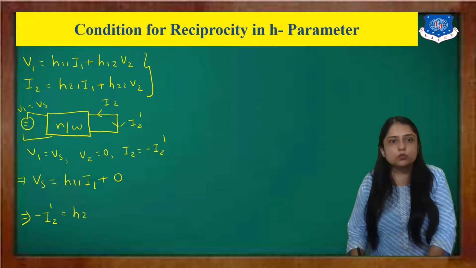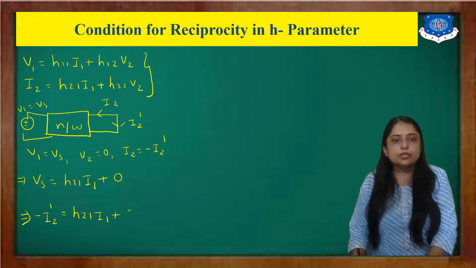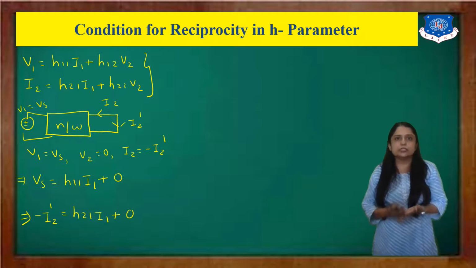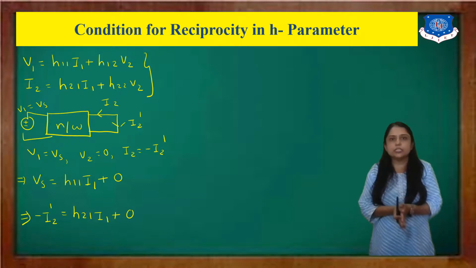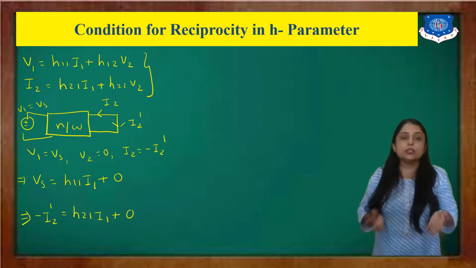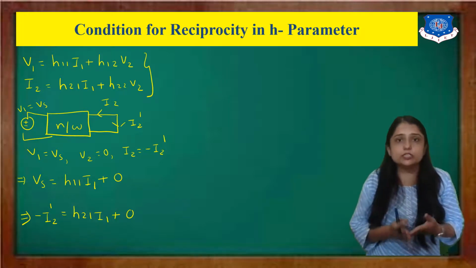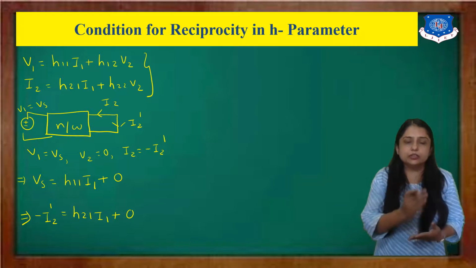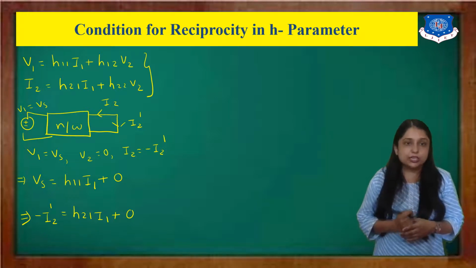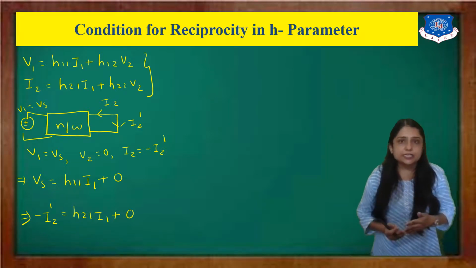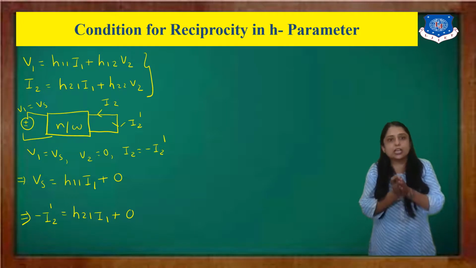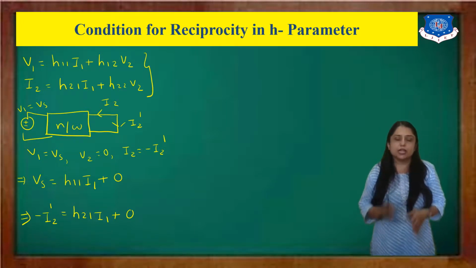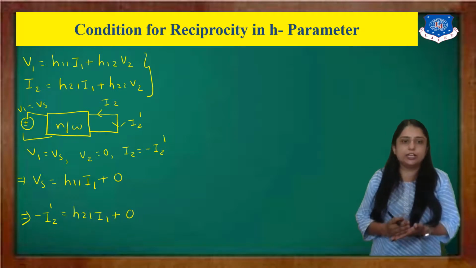Then H21 into I1 plus 0. Now you just recall the theory, that is the condition for the reciprocity in Z and Y parameter. See, in that also I told you we have to find out the dash term. Here that is I2 dash, and definitely that is in terms of H and Vs. I don't want any other term. I just want H and Vs.